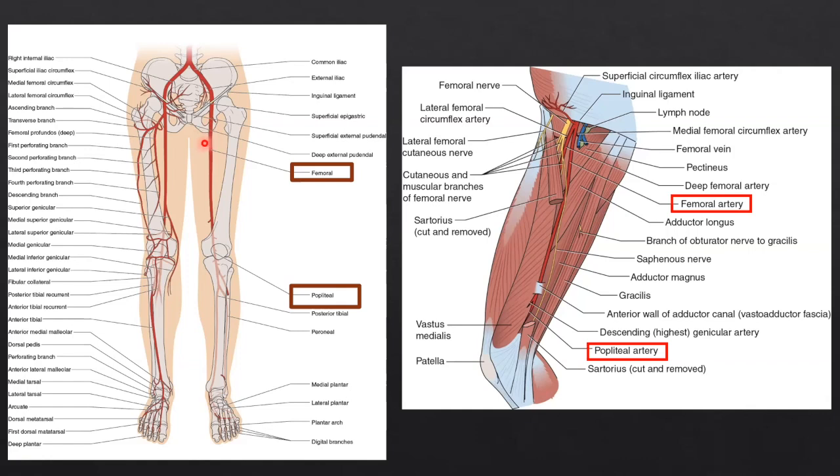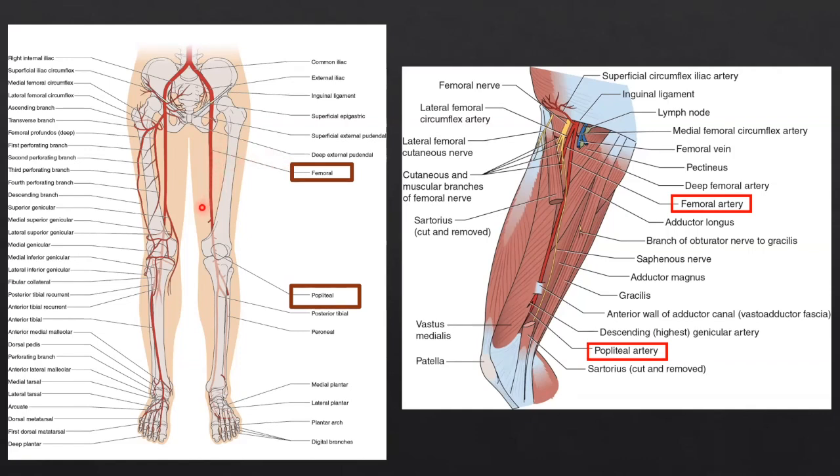For the purpose of this class, just primarily know that the blood supply to the muscles and the structures of the hip and the upper thigh will primarily be branches coming off the femoral artery.